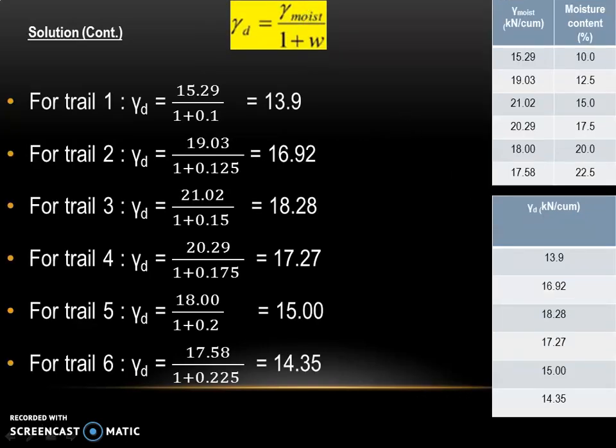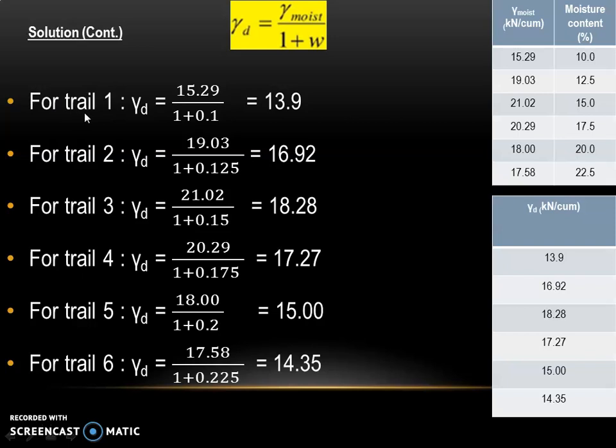We have found out the value of gamma moist. Substitute the value of water content to find the value of gamma D. So here in two columns we will note down the value of gamma moist and the corresponding moisture content.